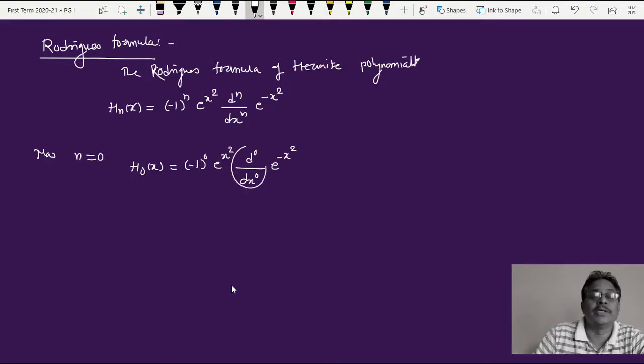So here it becomes simply 1, because anything raised to 0 is taken to be 1, and minus 1 raised to 0 is also 1. So this is simply e raised to plus x square into e raised to minus x square. So this exponent cancels each other and we get simply 1, and therefore from this calculation I got the first Hermite polynomial, h0 of x is simply 1.